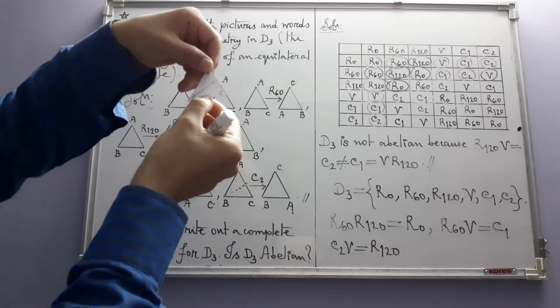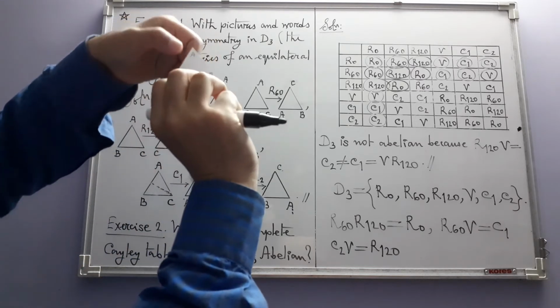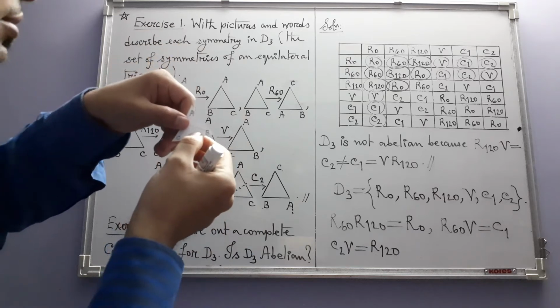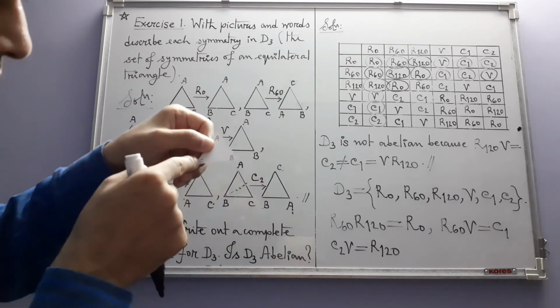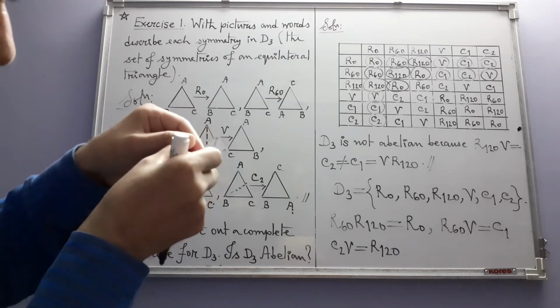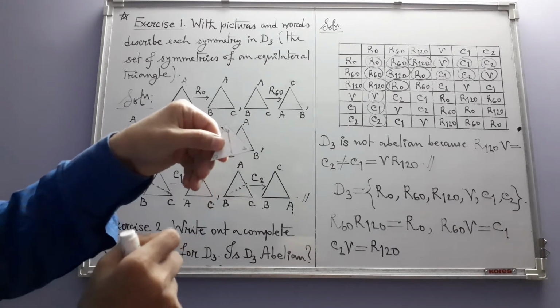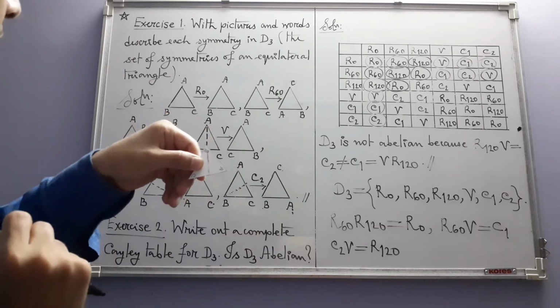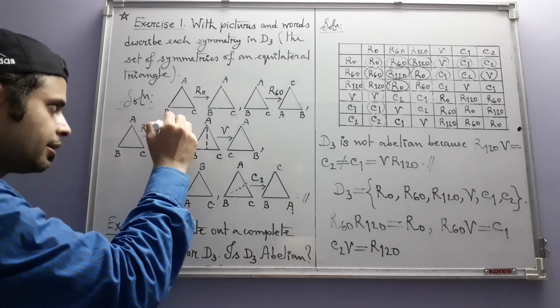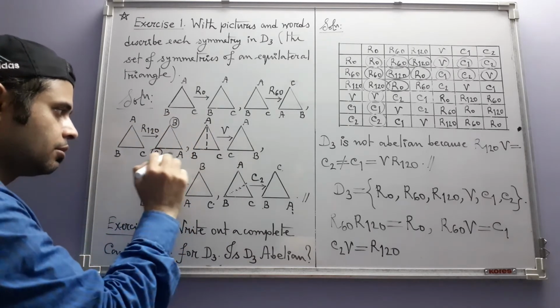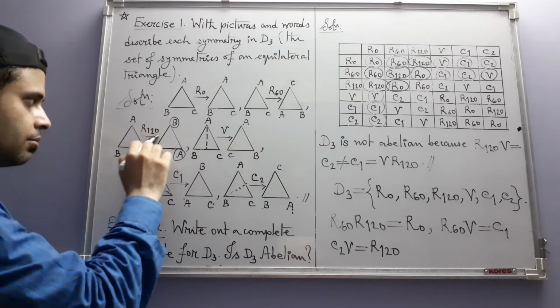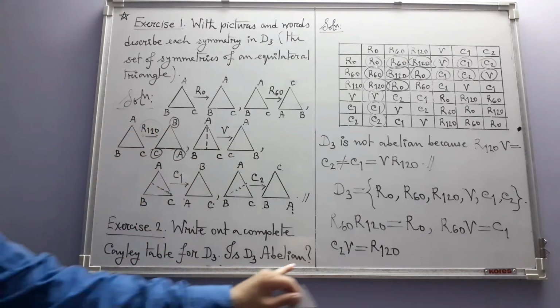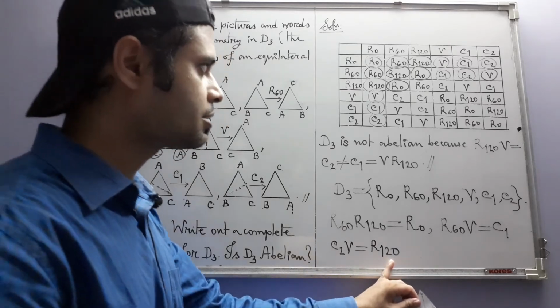V means flipping about a vertical axis, this. And then C2. C2 is flipping about this axis. So we get BCA, which is brought about by the transformation R120. So that's how C2 V is R120.